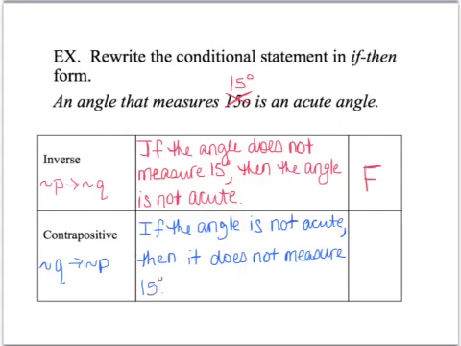Is that true? Can the angle not be acute but still measure 15 degrees? No, that can't happen. So yes, this is true. If it is not acute, it cannot be 15 degrees. It cannot be any degrees between 0 and less than 90.